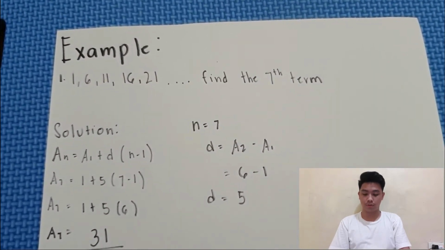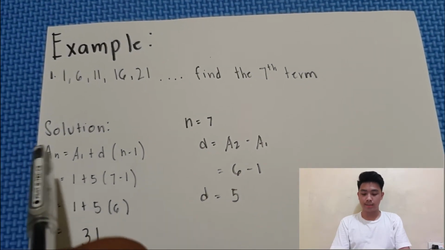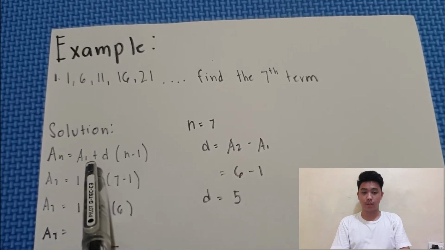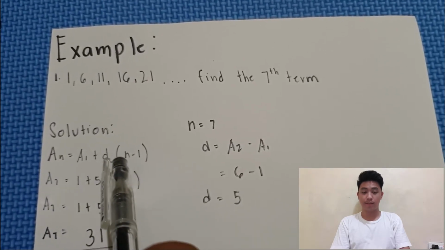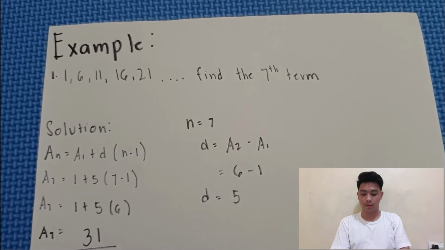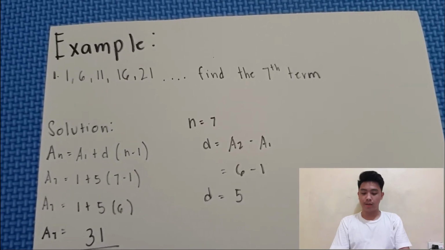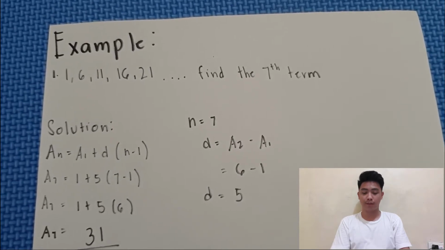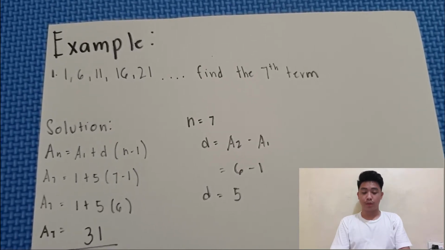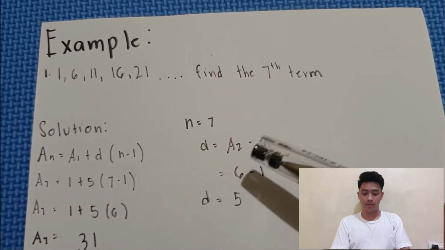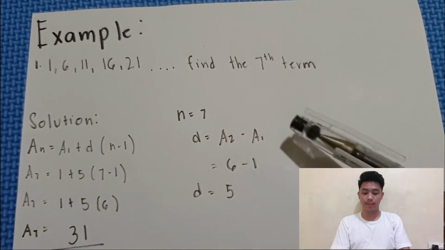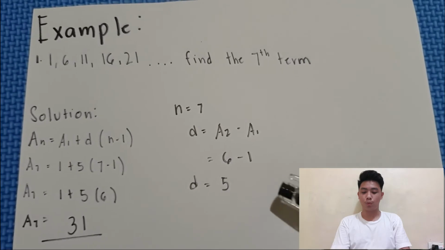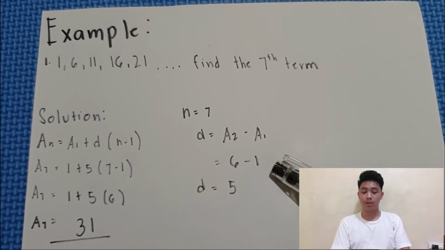So here's the solution. The formula is a sub n is equal to a sub 1 plus d times the quantity of n minus 1. a sub n is given and a sub 1 is given, so we have to find d. The formula to get d is a sub 2 minus a sub 1. a sub 2 is 6 and a sub 1 is 1.